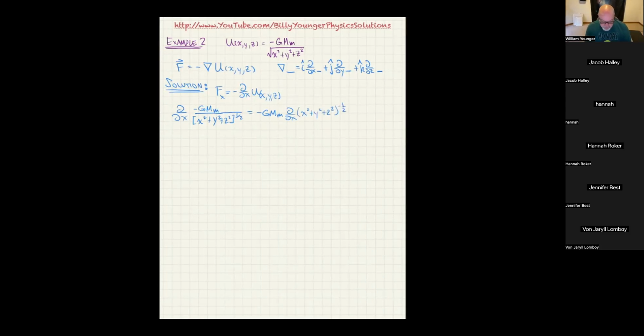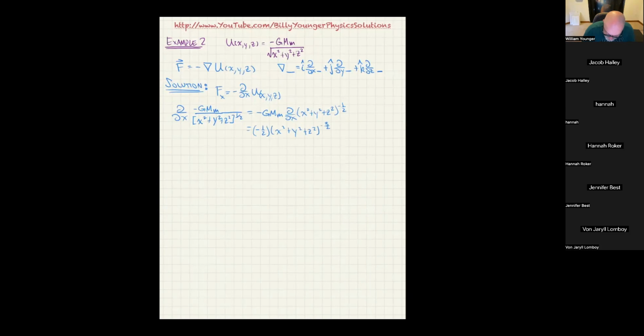Now, the derivative of something raised to the negative 1/2 power is negative 1/2 times the same thing, x squared plus y squared plus z squared, raised to the -1/2 minus 1 power. So -1/2 minus 2/2 would be -3/2, like that. And now I have to take the derivative of what's inside the parentheses.